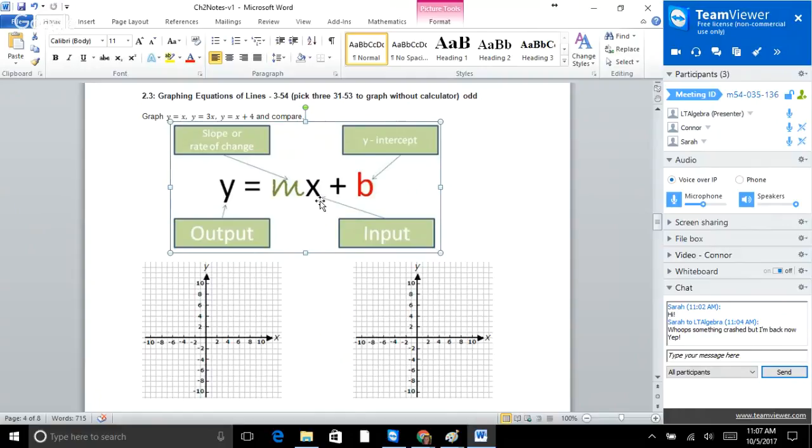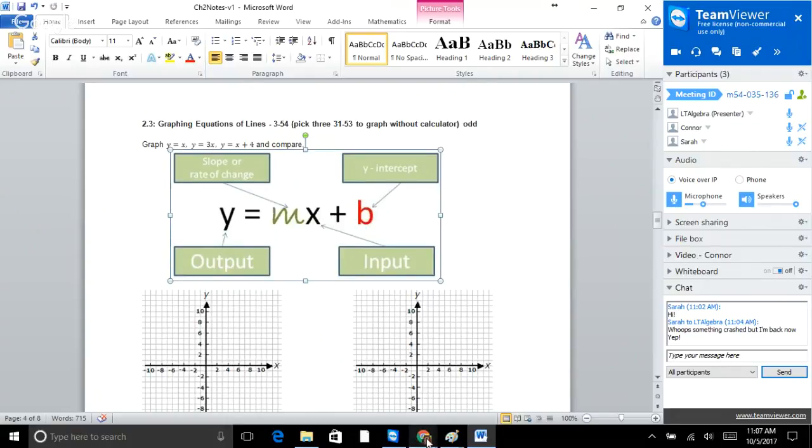If you remember from our function terminology, x is your domain, and y is your output. That's what you get out of the equation, and that is our range. So basically what we're going to do today is graph some equations and get a feel for what they look like based off of the equations.